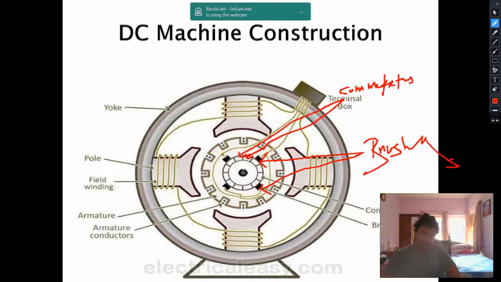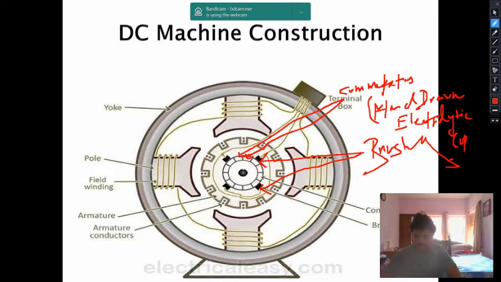The commutator segments are made up of hard drawn electrolytic copper. This is the name of the material which is used for commutator segments.